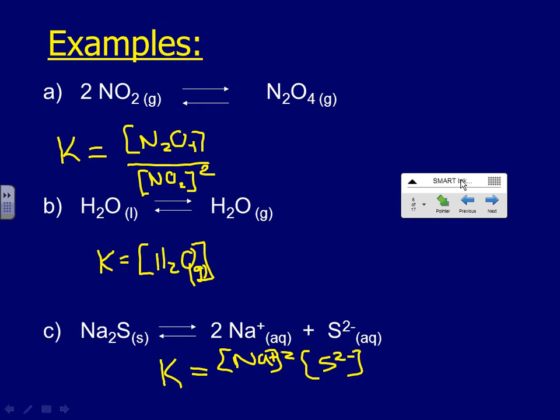It has only to do with the concentrations of the ions in the solution. Has nothing to do with how much powder or how much crystal is sitting down there in the liquid undissolved. It has everything to do with the concentration of the ions in solution. So there's some quick examples.